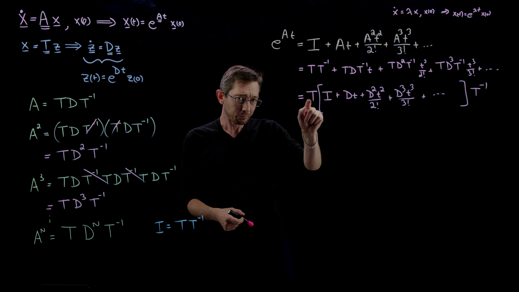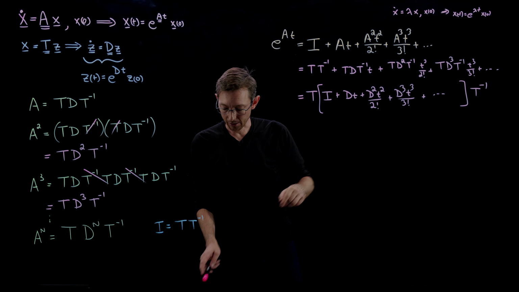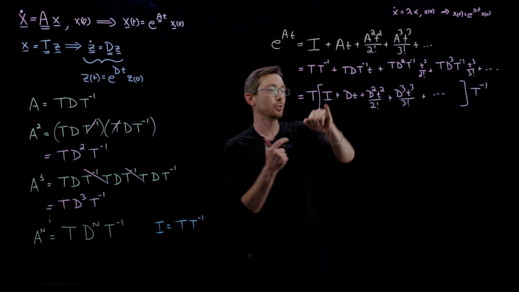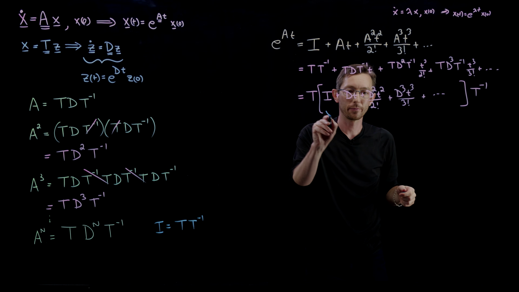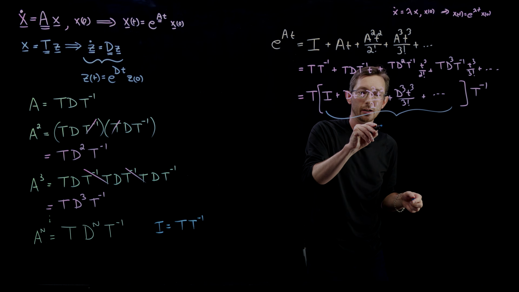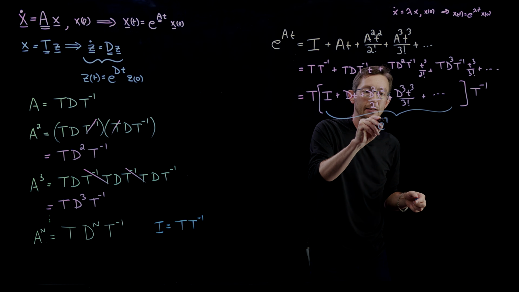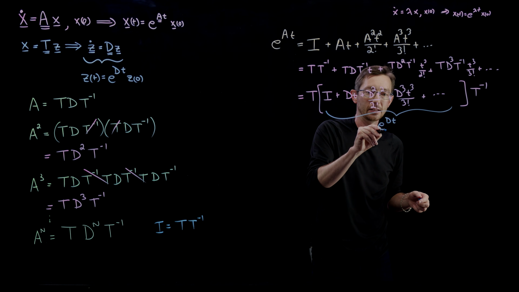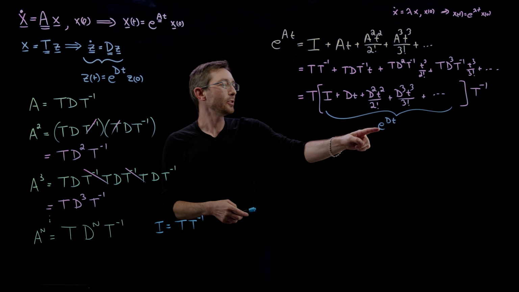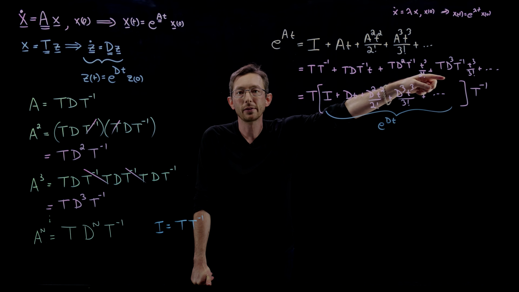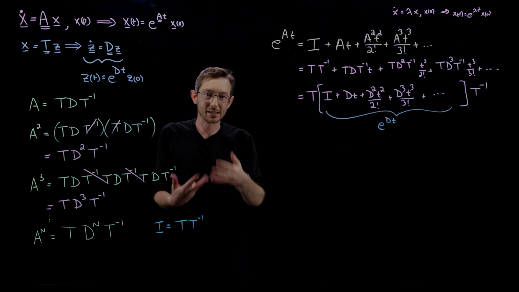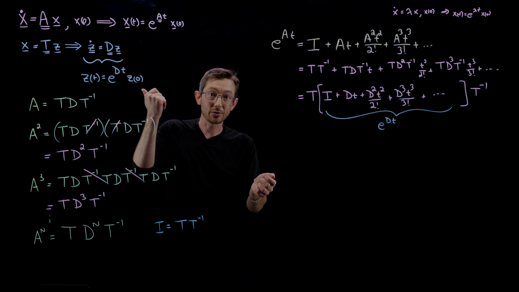And now, all of the stuff in the middle is actually really, really easy. All of the stuff in the middle is the power series expansion, the representation of e to the diagonal matrix D times t. But we know that this is actually really easy to compute. All of these powers of D are just still diagonal matrices.